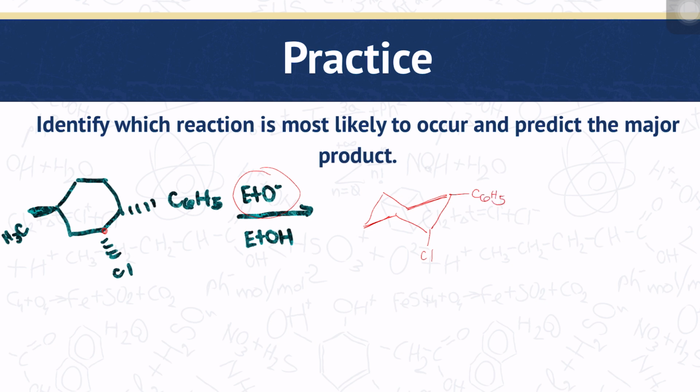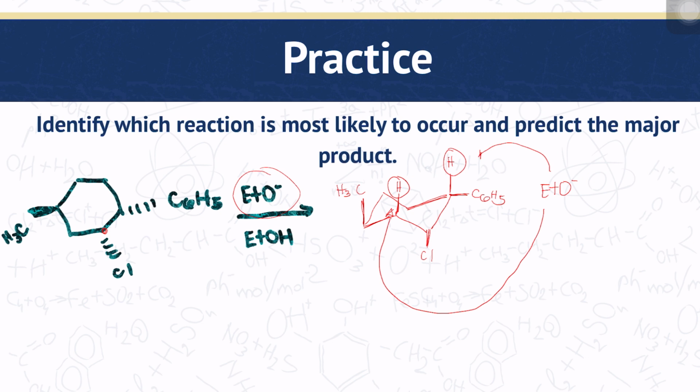And then the methyl group, it's up here. So we have potential hydrogens here, then here. The ethyl oxide will then either attack this or this.